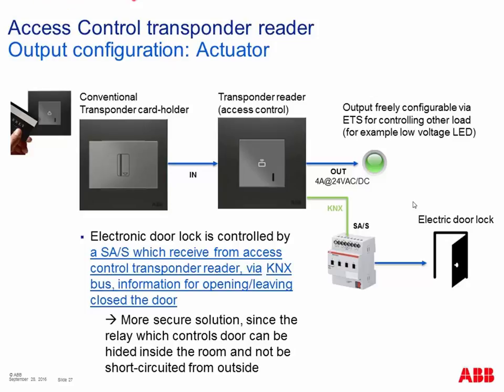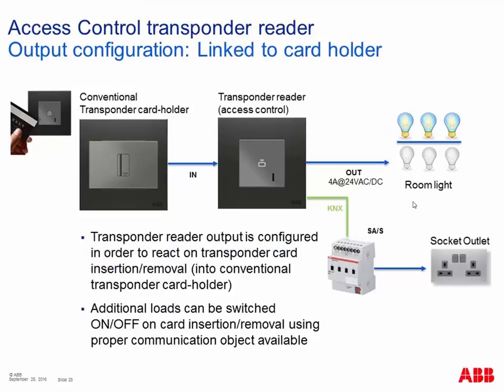Then going to the next slide, we can see the third configuration, linked to card holder. What does it mean? It means that in this case the output of the transponder reader is linked to the card insertion, card removal event.